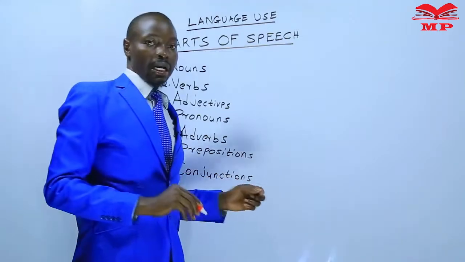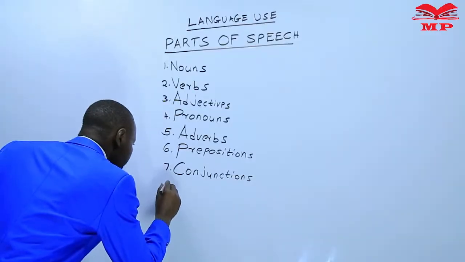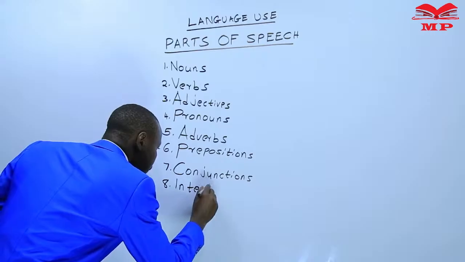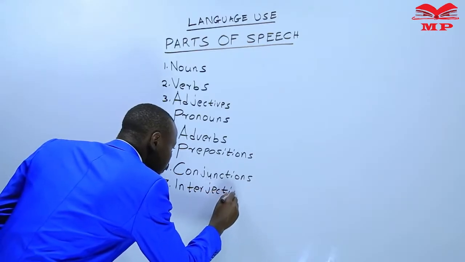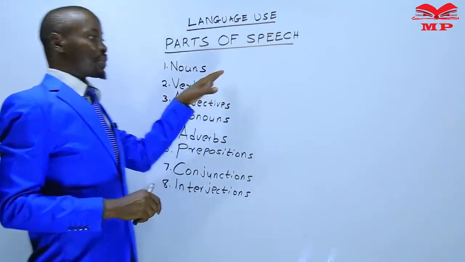Once we are done with the conjunctions, we move to the last part of speech, which we have the interjections. So these are the 8 parts of speech that we have.